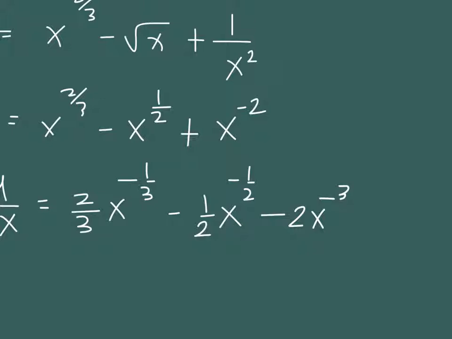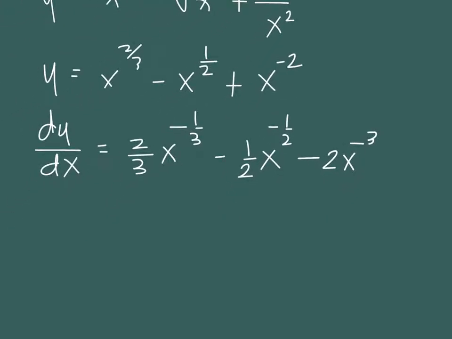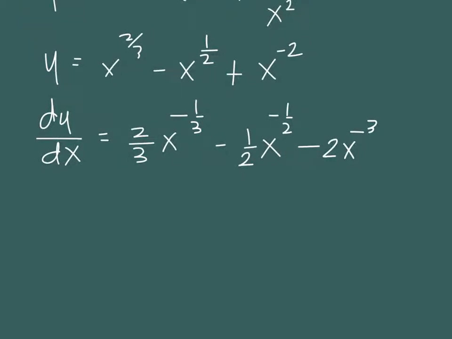So minus 2 minus 1 is negative 3. Okay, if we are not required to simplify, then we are done with the process. But sometimes we need to find the simplest form. Simplest form means negative exponents are not allowed, fractional exponents are not allowed.